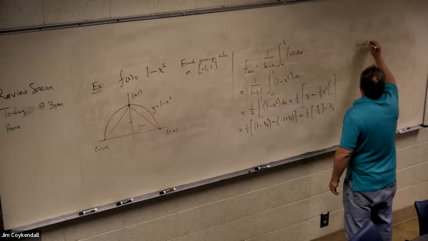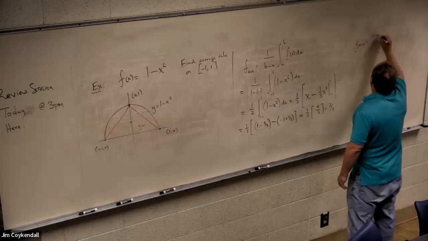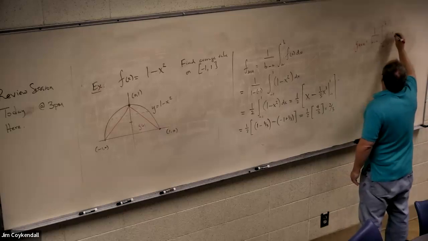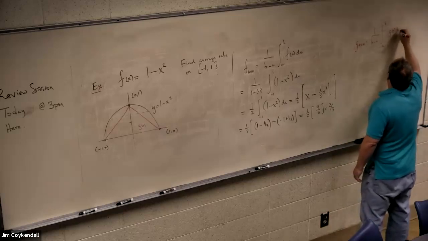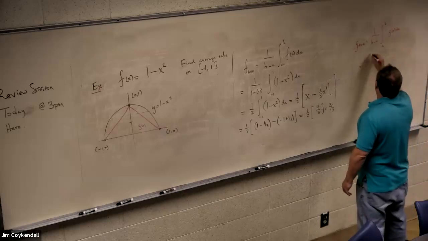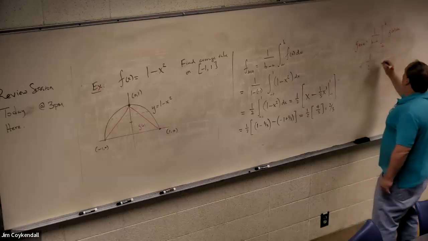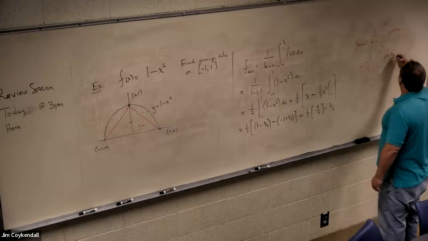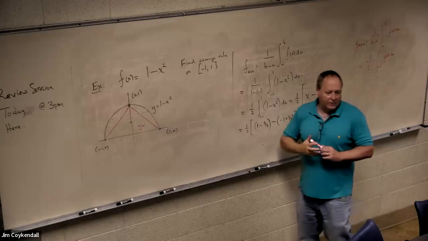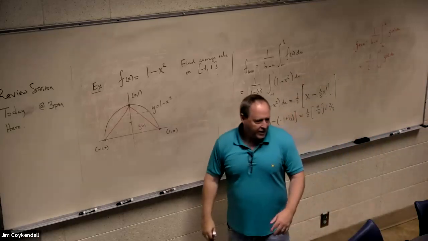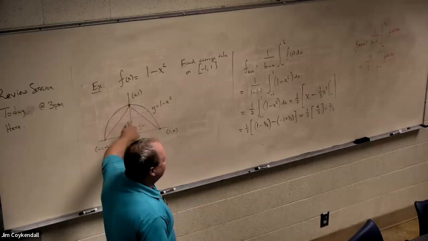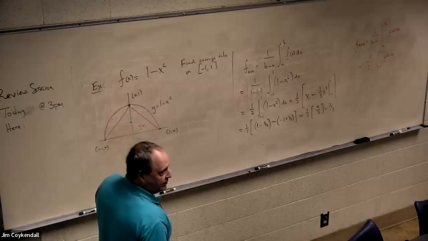The average is the integral formula, the integral of g of x dx, just like before. Now, I don't have a formula for g of x yet. I can build one, but there's an easy way to figure this out. I don't need to know g of x. I just need to know its integral from -1 to 1.